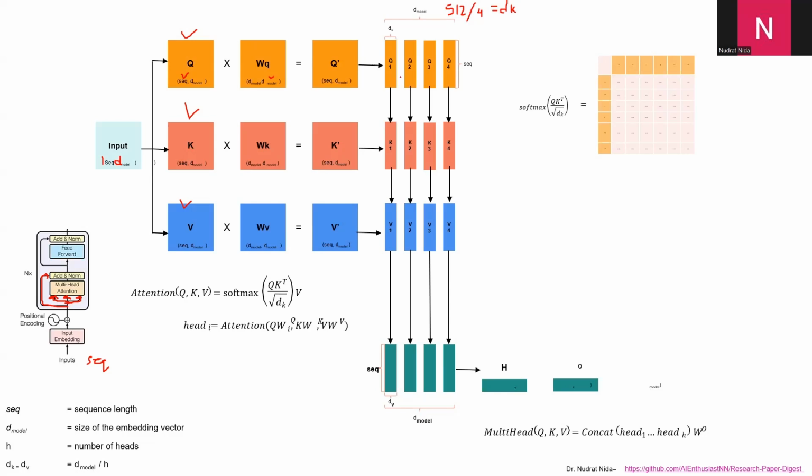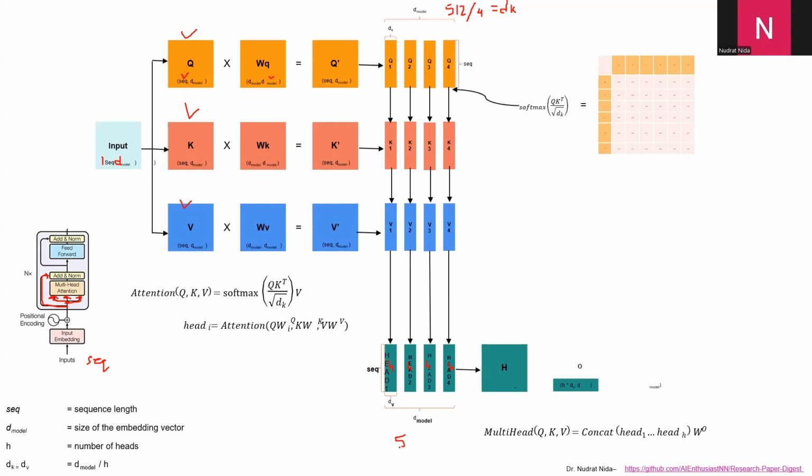So we have Q1 concatenated with K1, V1, and it will form one head, H1, H2, H3, and H4. So when combined, this DV forms the D model, that is 512.